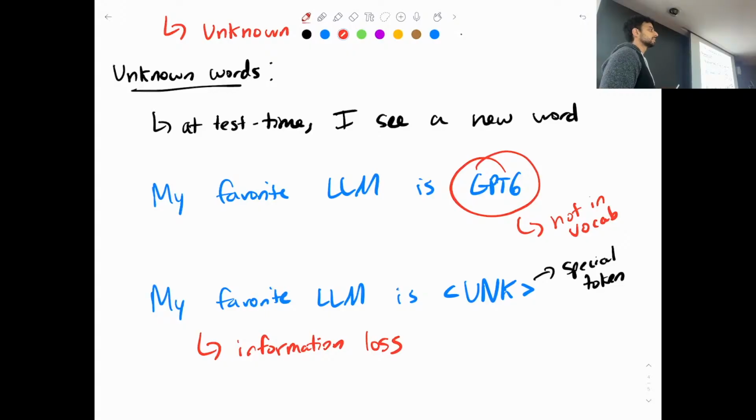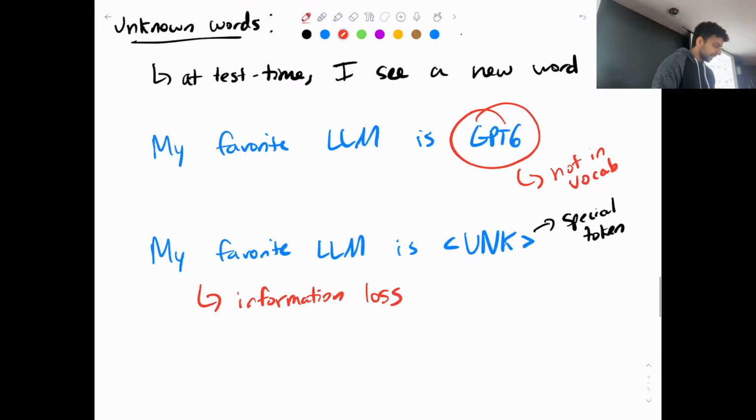Any other ideas? We can't just add it to the list of types, right? Exactly. So this is the other major problem, that I can't just do this at test time, right? Add this UNK token and then assume that the model knows how to deal with it. If it's going to be part of the vocabulary, it actually has to be trained during training time.